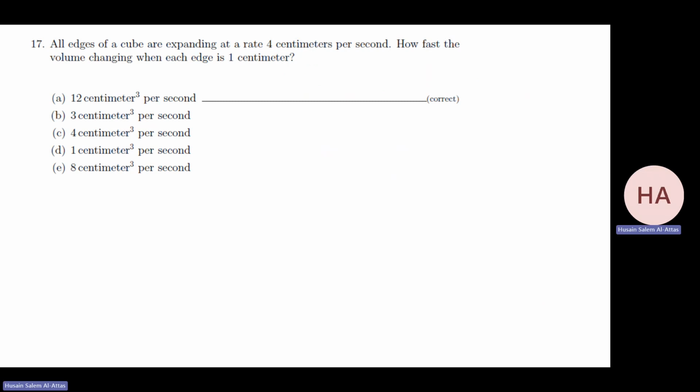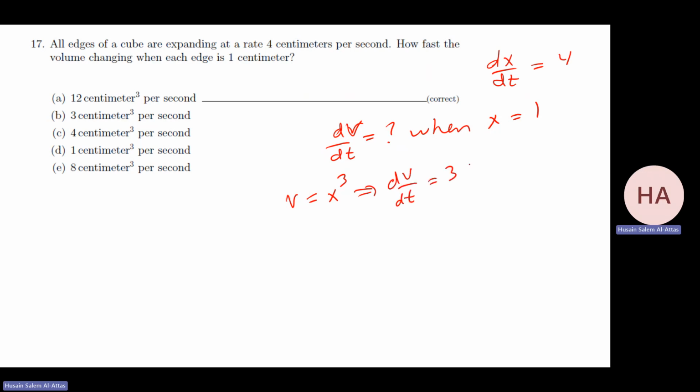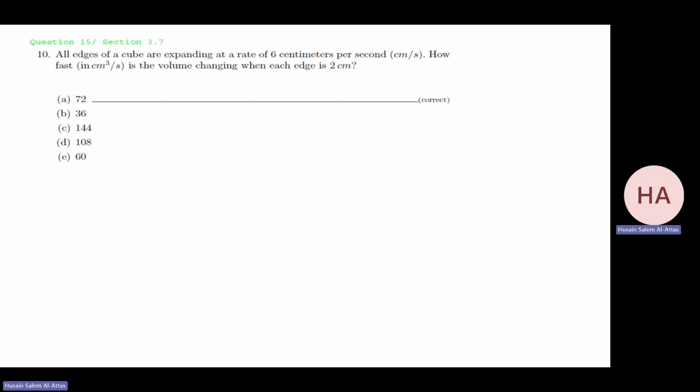All edges of the cube are expanding at the rate of this. So I have dx by dt equals 4. How fast is the volume changing? dv by dt equals what? When x equals this. That's it. So v is x cubed. So I have dv by dt equals 3x squared dx by dt. And that will be 3 times 1 times 4, 12. That's it. Or is the cube expanding at this rate?